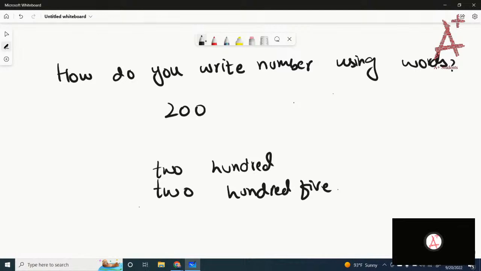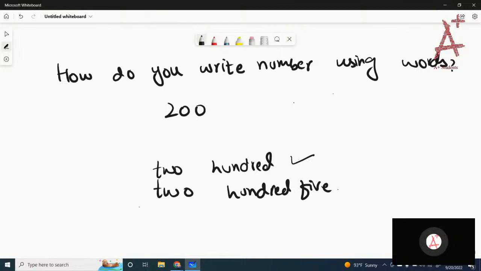So which is the correct option? Yes, the first one, because you don't have any other digit at the tens place and the ones place. So 200 is the correct option.